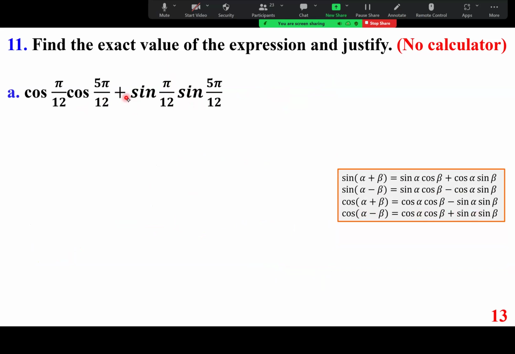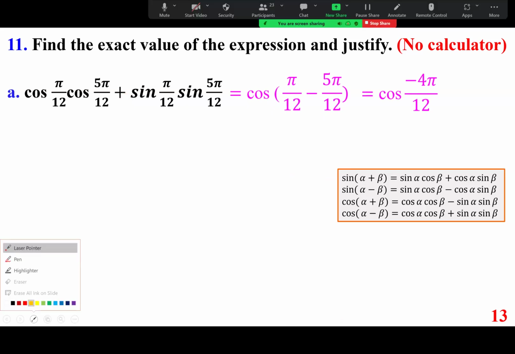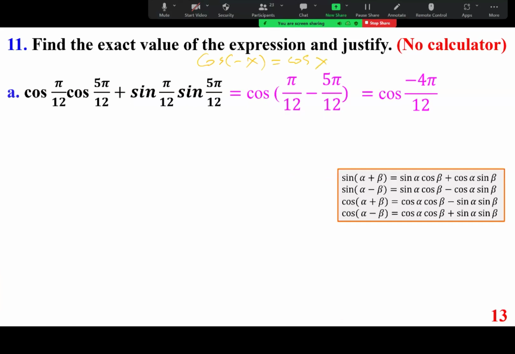So cosine of pi over 12 minus 5 pi over 12, which makes it negative 4 pi over 12. Now, bear in mind, cosine is an even function, meaning cosine of minus x and cosine of x are the same. So this is cosine of 4 pi over 12, which is pi over 3, and cosine of pi over 3 is 1/2.